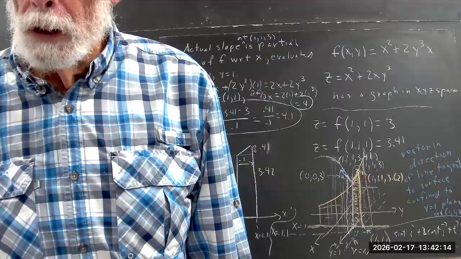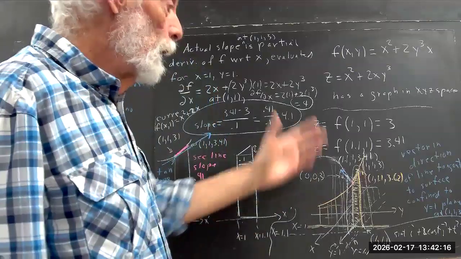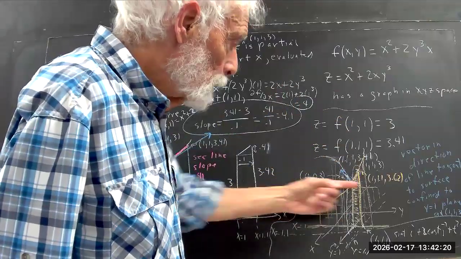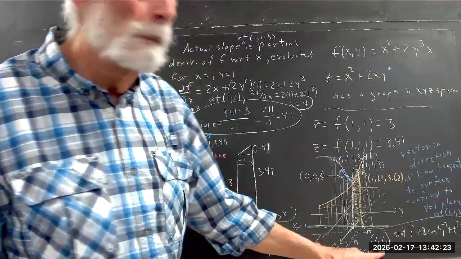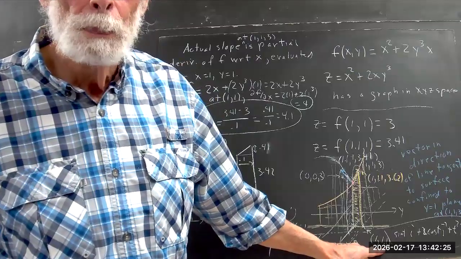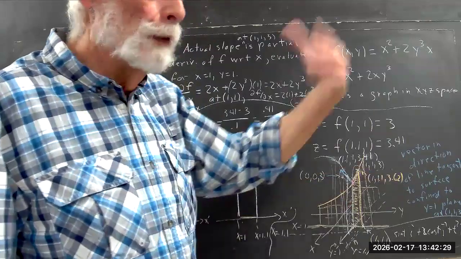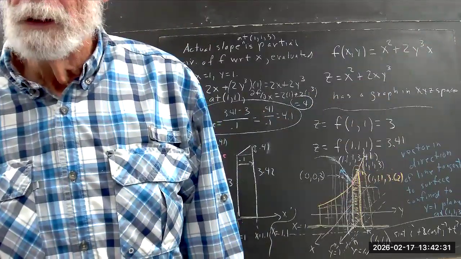So we can see that the slope is going to be rise divided by run. From here to here, in this plane, the run is 0.1, because we went to 0.1, right? The rise is 0.62, if I did my calculation correctly, okay?